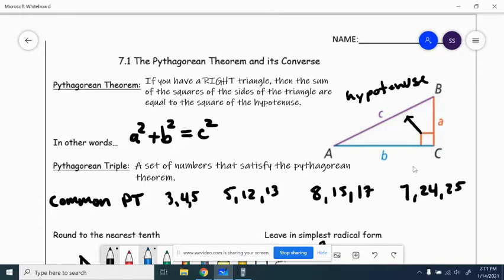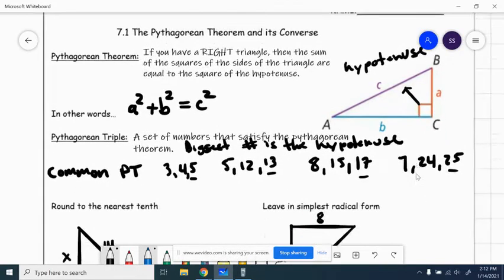So again, the biggest number will always be the hypotenuse. So let's write that down. The biggest number is the hypotenuse. Right, so my hypotenuse here would be 5. For these triangles, it would be 13, 17, and 25.